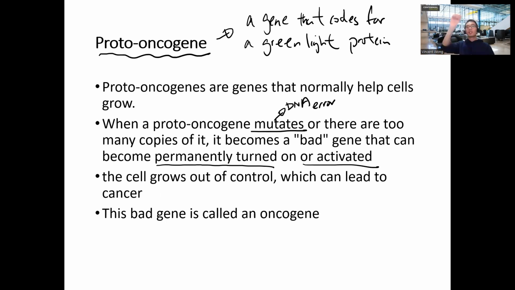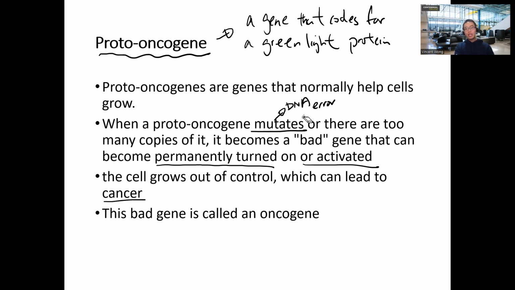The cell will keep on dividing and dividing, even though it's not supposed to. There are no more checks. Even if you have errors, even if telomeres are too short, it totally ignores all that because the green light is always on. So the cell grows out of control and it could lead to cancer.